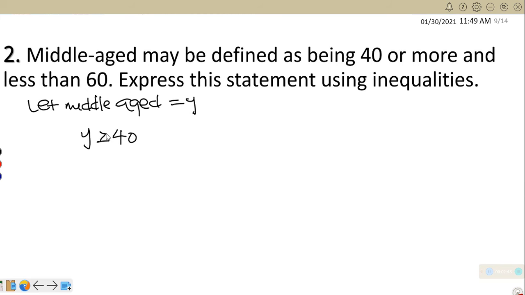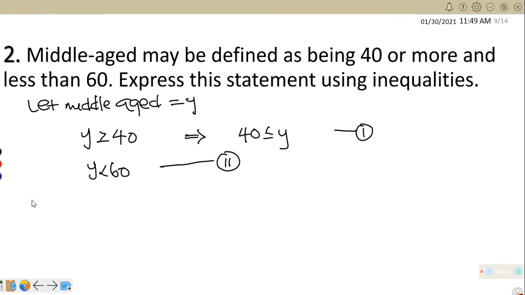That equal to means equals 40, greater than means more than 40. So this can be written as 40 is less than or equal to y. Let's call this equation 1. Or less than 60, so y is strictly less than 60 here. Call this equation 2.